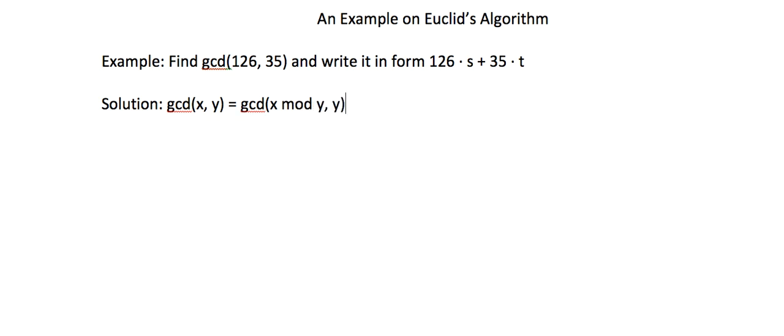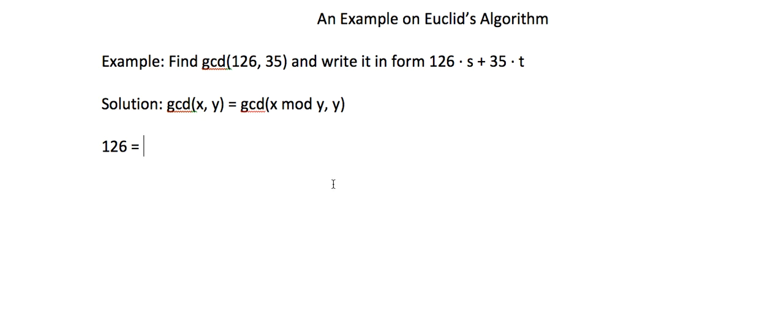Okay? Now, in this case, the GCD of 126 and 35 will always equal the GCD of 35 and 126 mod 35. So I calculate 126 mod 35 first.